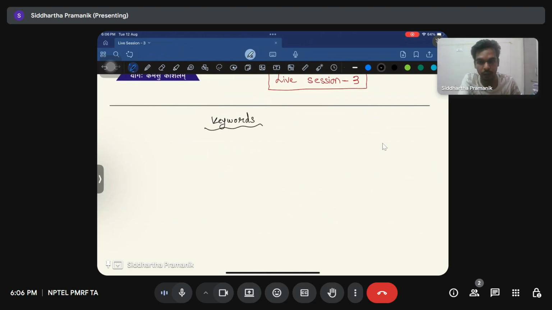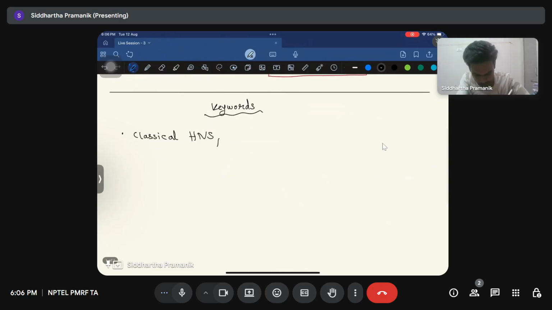We started with the proof of the classical Hilbert Nullstellensatz, and using this, we saw the radical membership test, meaning when an element belongs to the radical of an ideal.